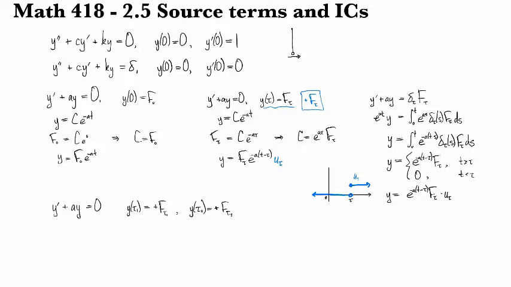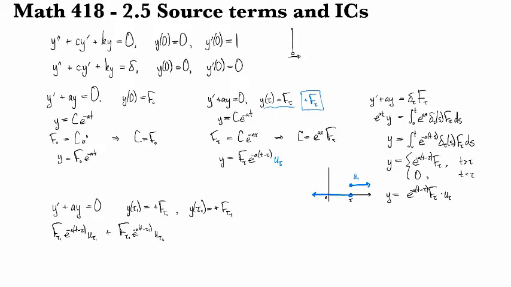Okay. So now what are we going to get? Well, our resulting solution is going to look like f tau 1 e to the minus a t minus tau 1 with a cutoff function activating at time tau 1, and the same thing at the next time something happens.